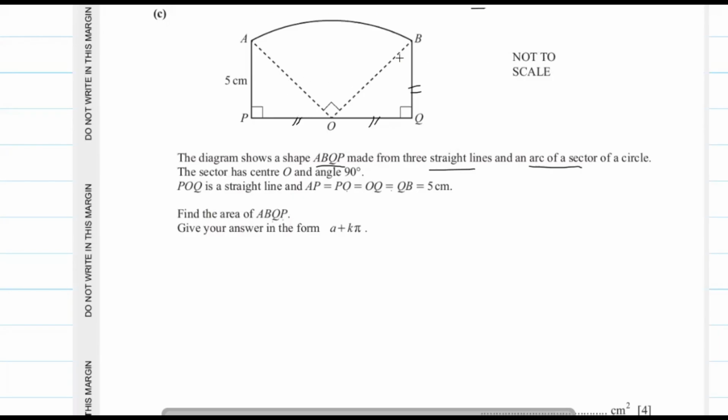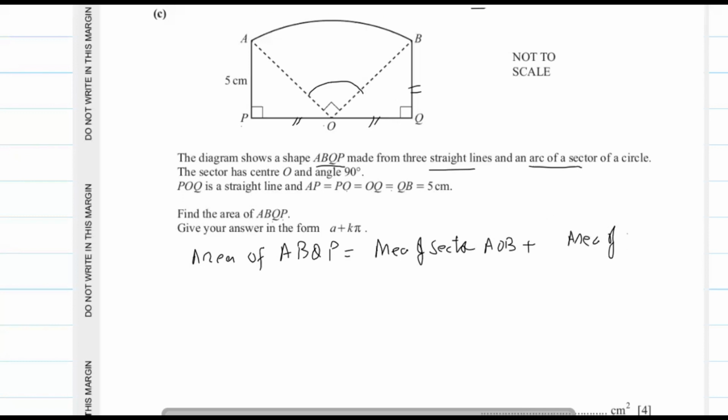This area of ABQP having the area of sector plus area of two triangles APO and OBQ. We can write this area of ABQP will be equal to area of sector AOB plus area of triangle APO.